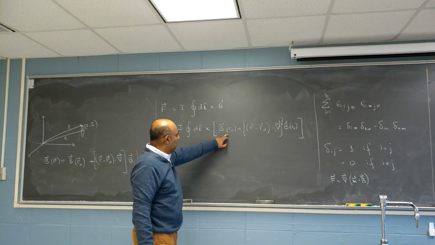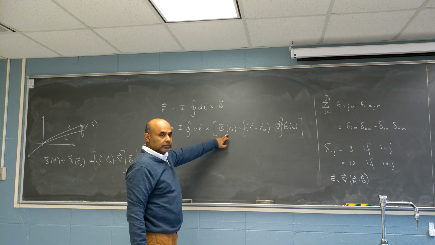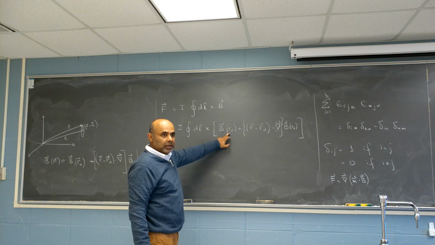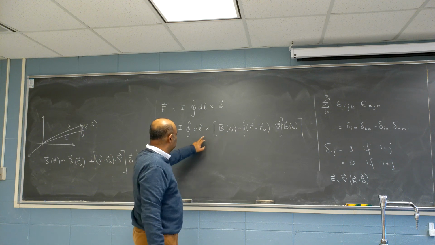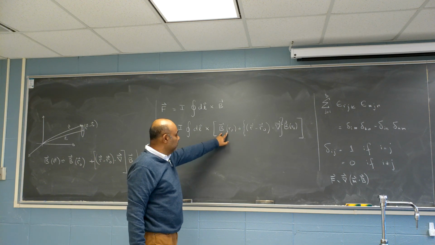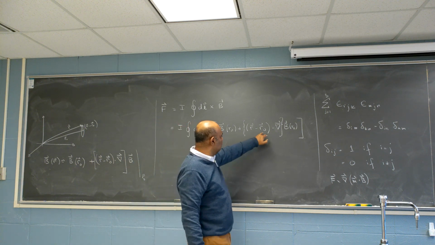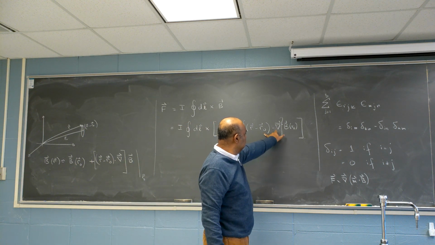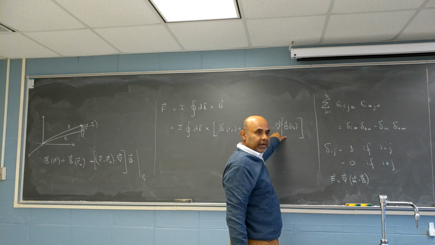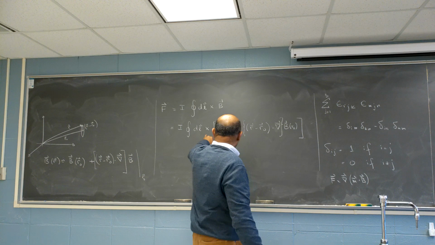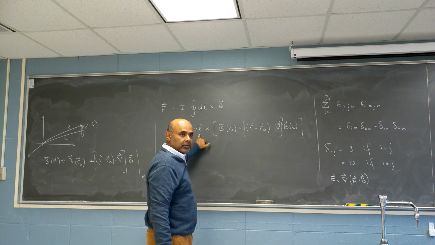This term is going to go away, right? Because this is a constant vector. The loop integral of dL is 0. What about this term? When it acts on this, eventually it's a constant vector. But again, dL is the integral.